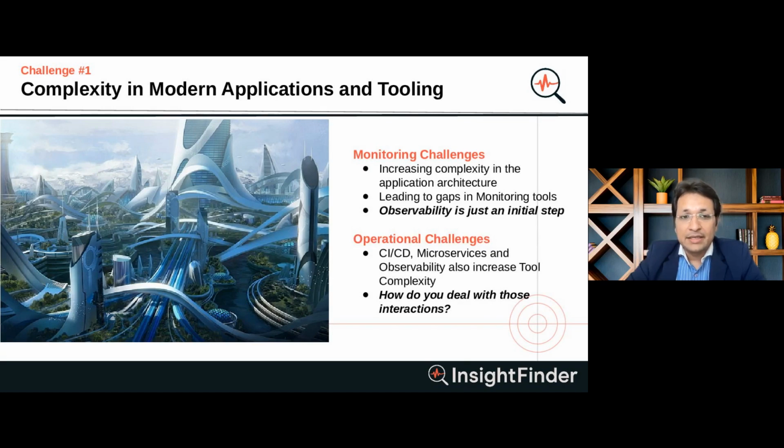Soon the industry realized that we need observability, and the market got flooded with tools like those. We still need those. But the question here is, are those enough? Is observability enough with the changing paradigm of the technology industry?